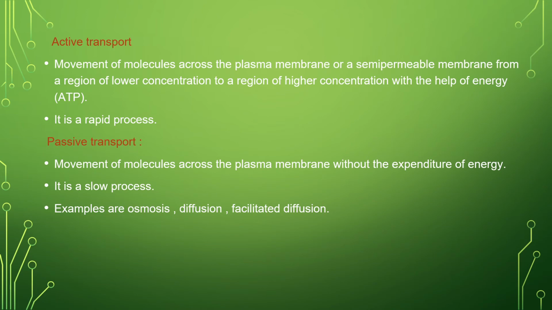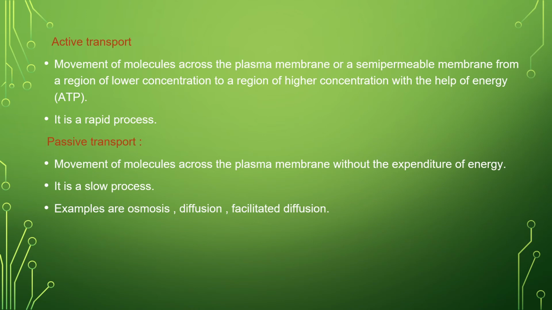Now I'll describe active transport. This is another process, and this is a new term for you. So what is active transport and passive transport? In any multicellular organism there are so many cells.